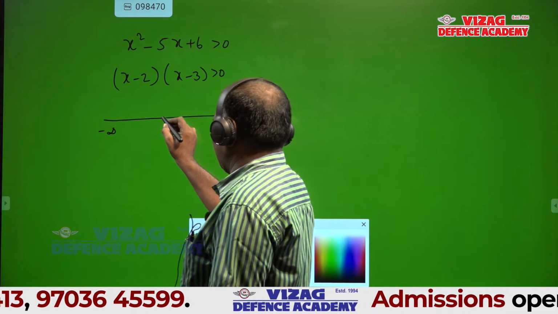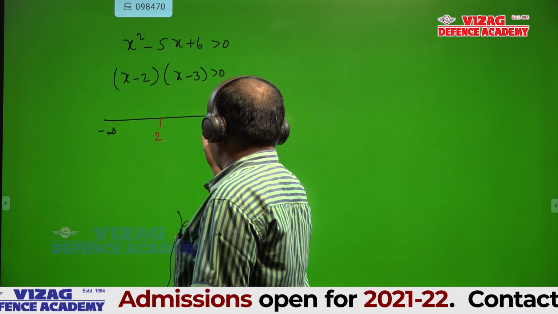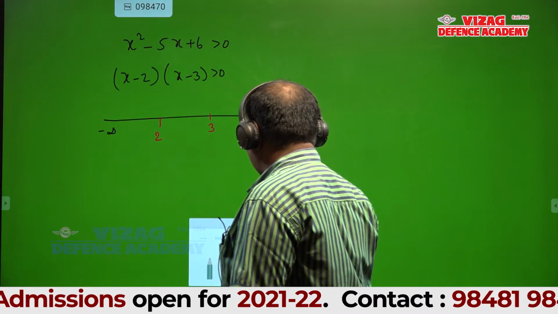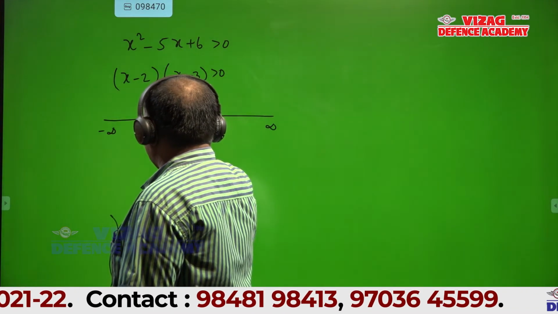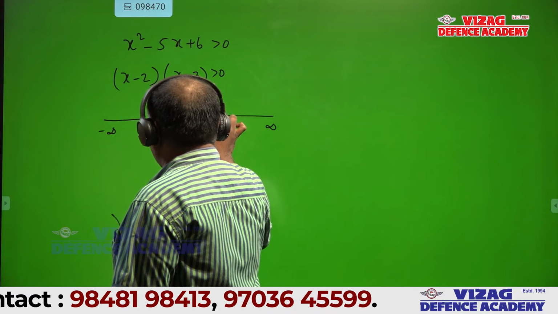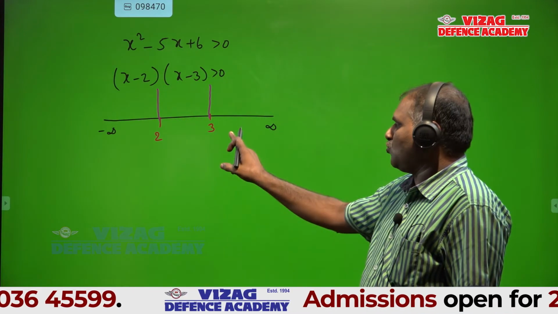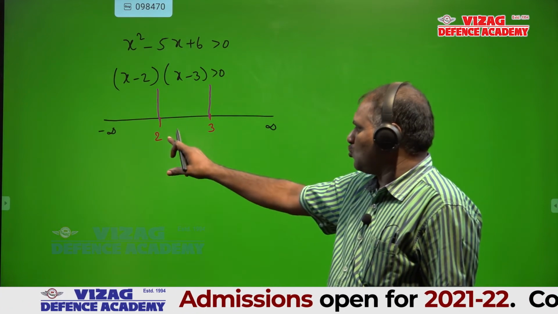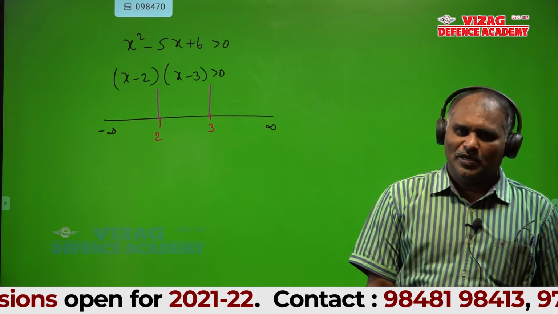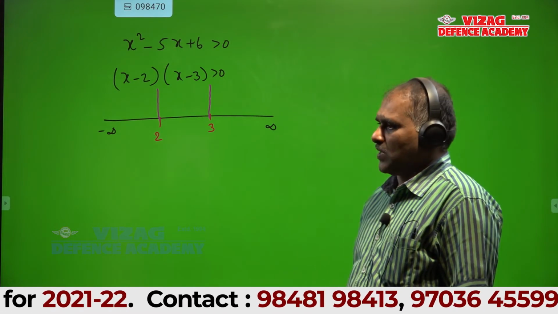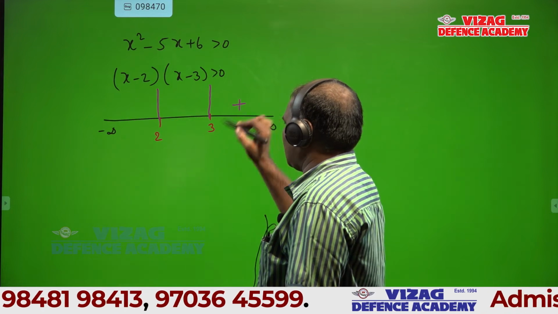Already explained: 2 and 3. There will be 3 partitions: 3 to infinity, 2 to 3, and minus infinity to 2. Already explained, 3 to infinity you can get positive.